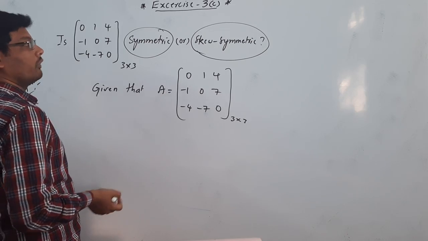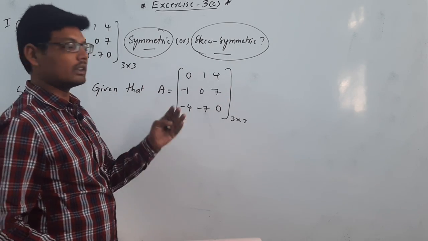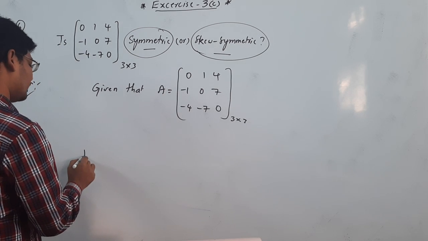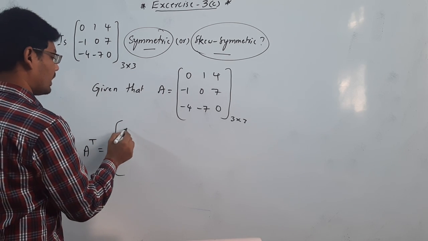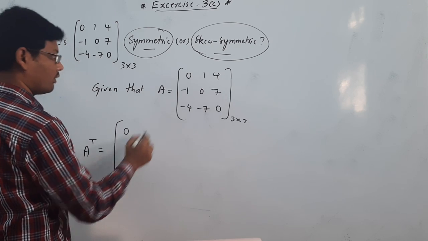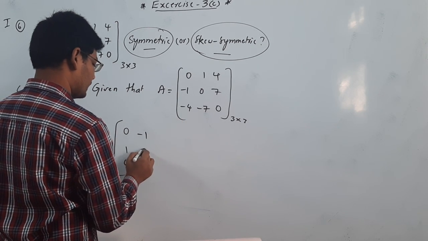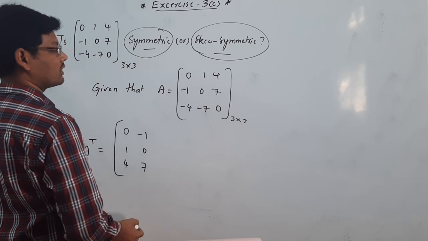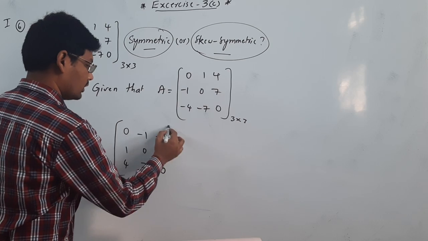If you want to know whether it is symmetric or skew symmetric, first we need to find the transpose of the matrix. A transpose is equal to R1 changed to C1: 0 1 4, and R2 changed to C2: minus 1 0 7, and R3 changed to C3: minus 4 minus 7 0.